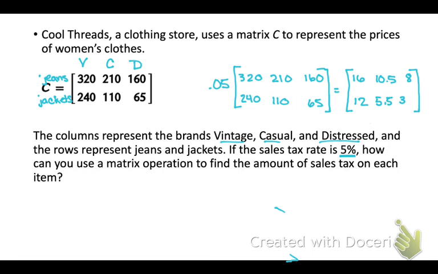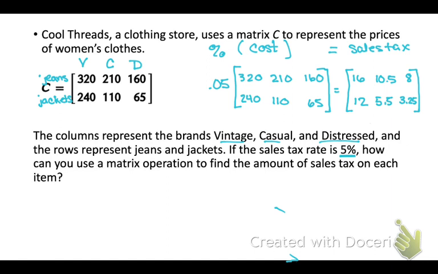Okay, so what we just found, this was a cost matrix, correct? That's a cost matrix, yes? What was the new one? Sales tax. So we took the percent of sales tax times the cost, and it equaled the sales tax, yes?